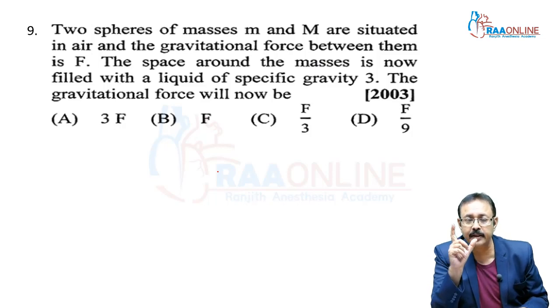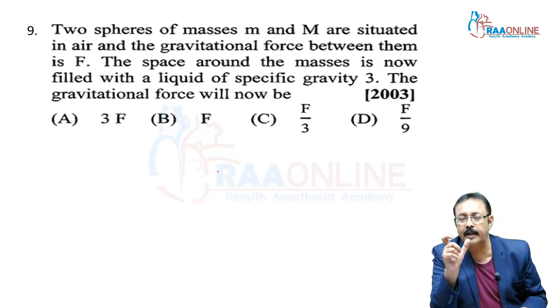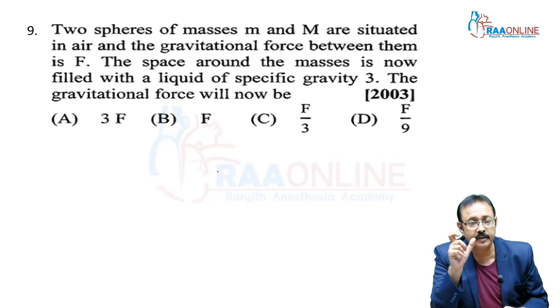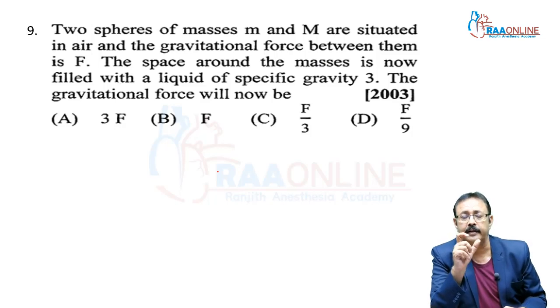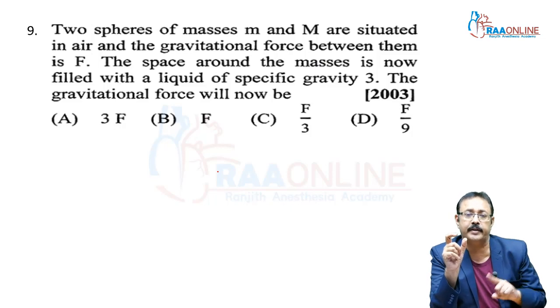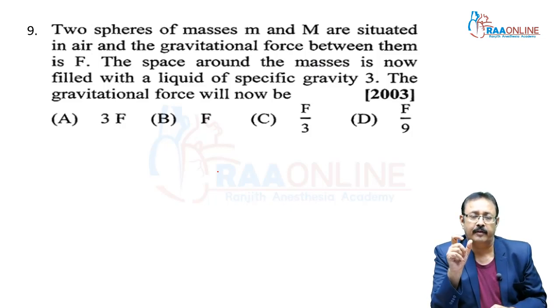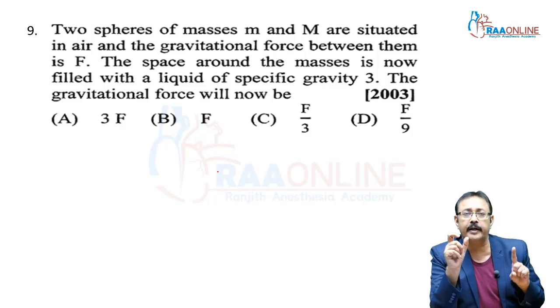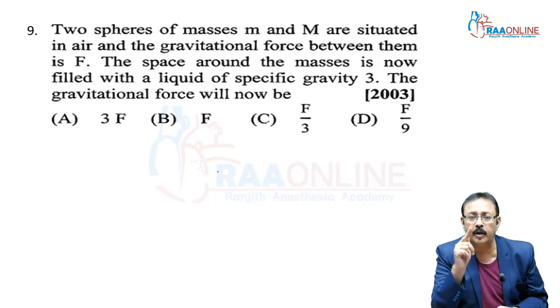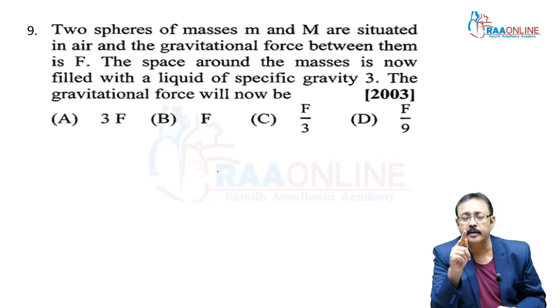In Newton's law of gravitation, there was no space for a medium between these two. When we were discussing Coulomb's force in electricity, we put 1 upon 4 pi epsilon naught, and we said epsilon naught is the permittivity of free space. When we were discussing magnetic force between two poles, we put mu naught upon 4 pi, and we said mu naught is the permeability of free space.